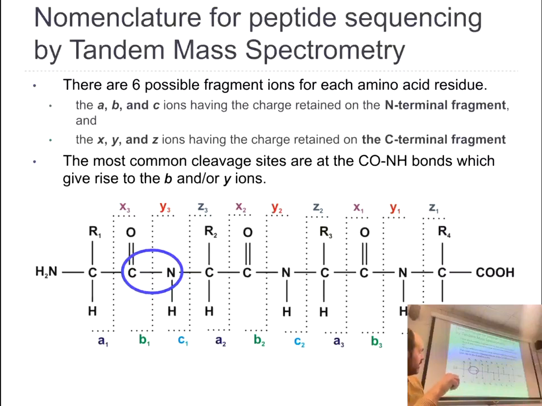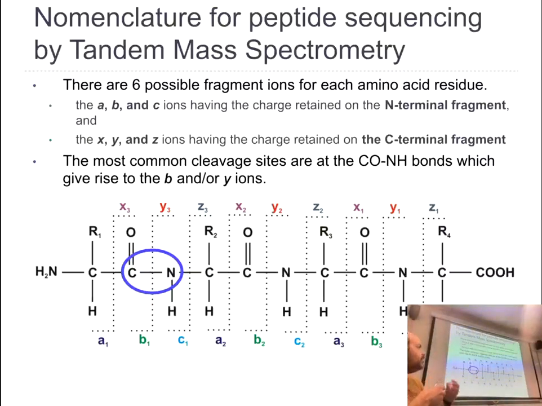So again, if it breaks here but the charge remains on the C terminal part, the carboxylic part, that's going to be the Y ion series. That's all. But the idea is that two consecutive B ions or two consecutive Y ions, their difference is basically an amino acid. It's just an amino acid, not the charge.